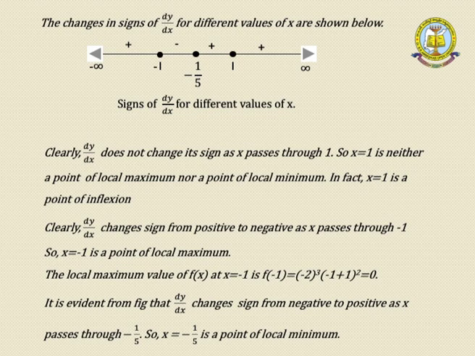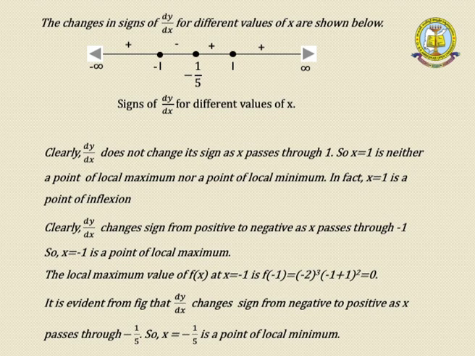These are the signs of dy by dx for different values of x. Clearly, dy by dx does not change its sign as x passes through 1. So x equal to 1 is neither a point of local maximum nor a point of local minimum. Actually, x equal to 1 is a point of inflection.